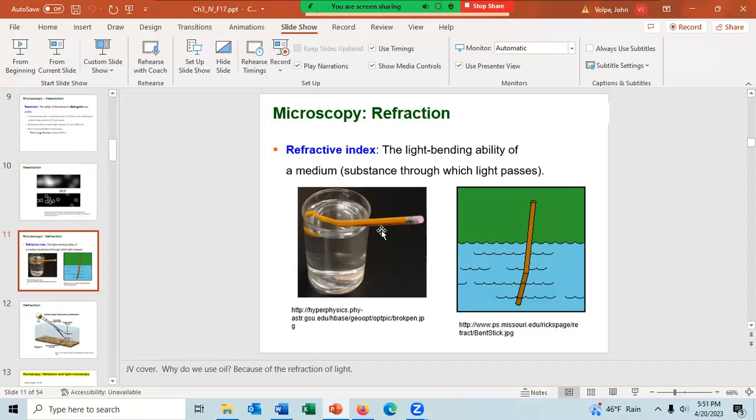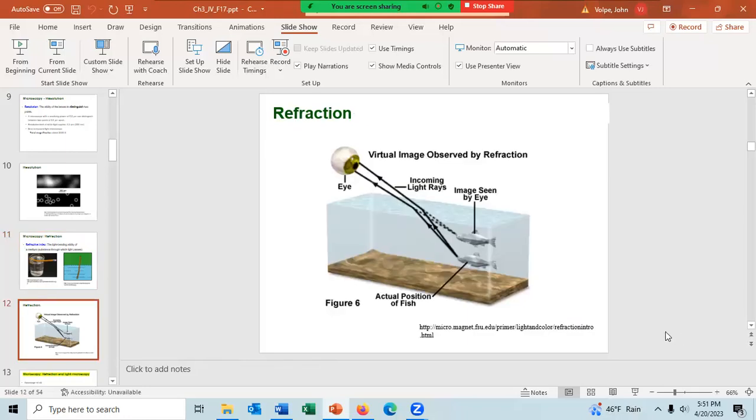So light bends whenever it's going through one medium and then switches to another medium. That we call the refraction of light. The refraction of light is actually very important for animals. Like when a bird sees a fish in the water, here's the actual position of the fish, but because of the refraction of light at the interface of the water and the air, it looks like the fish is higher up in the water.